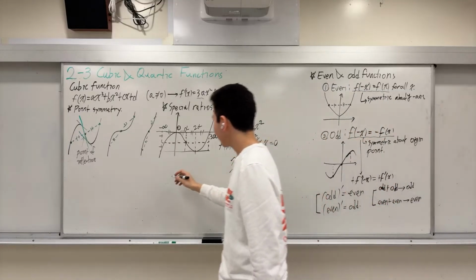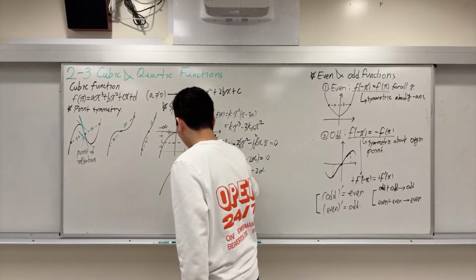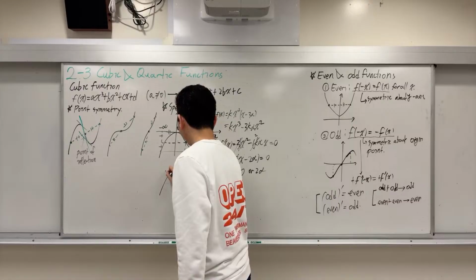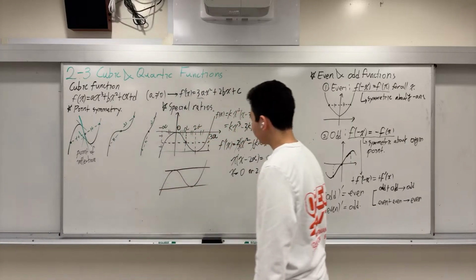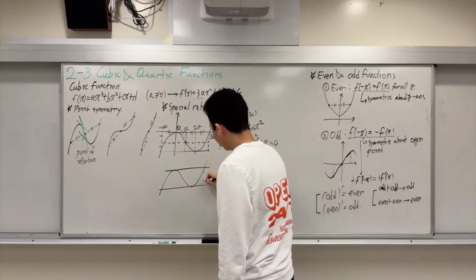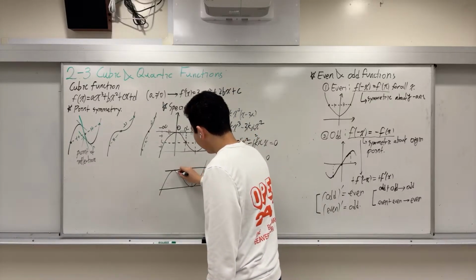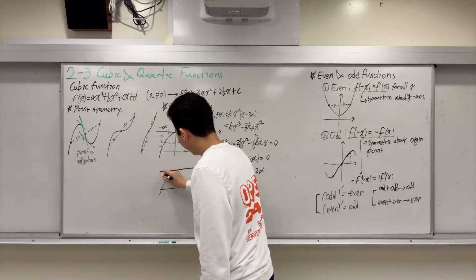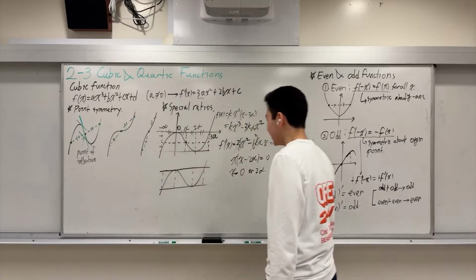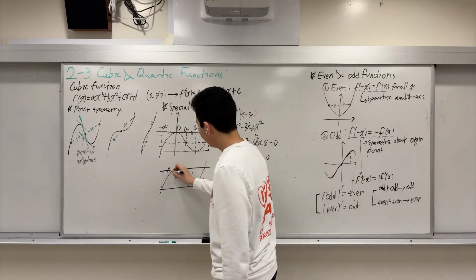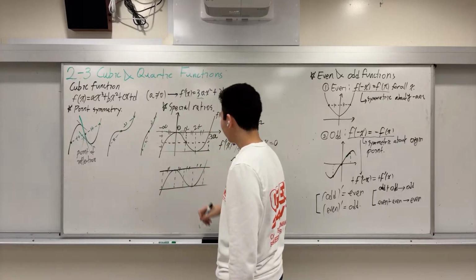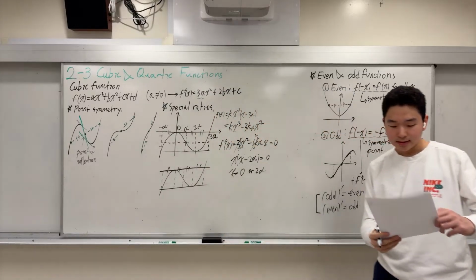If I take the coordinate system away and just look at the curve itself, if I draw the horizontal tangent line here and here, and I draw these vertical lines at each of these points, including the point of inflection, then these lengths will always be the same.